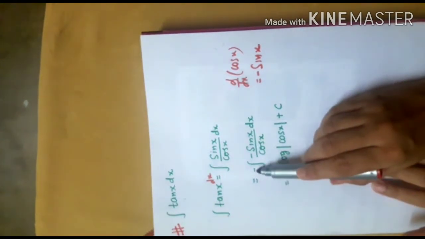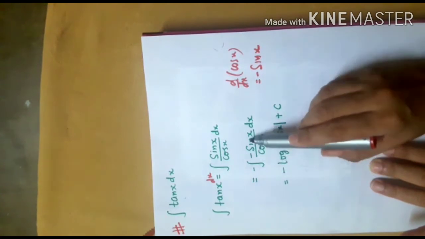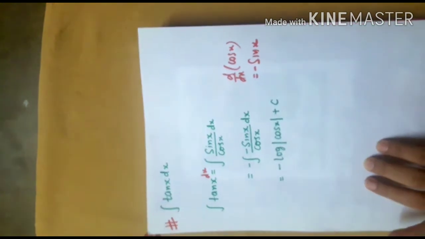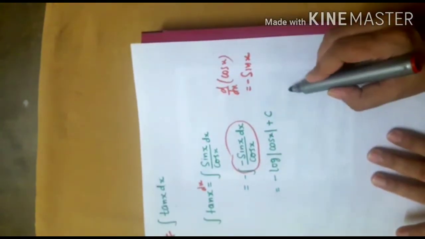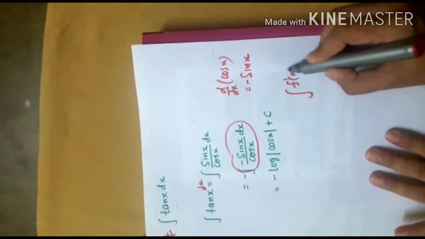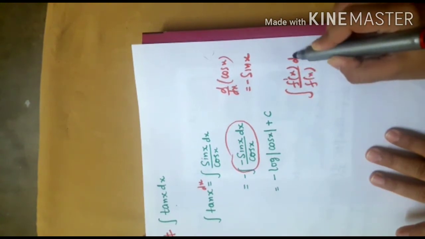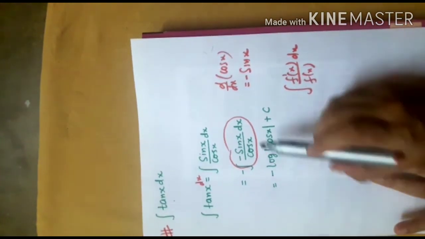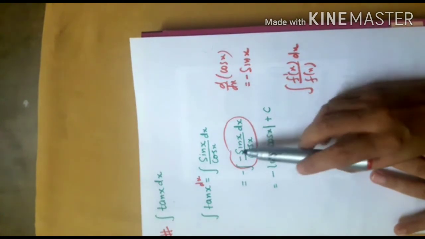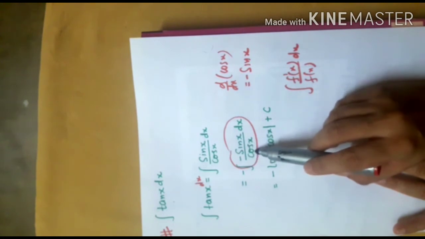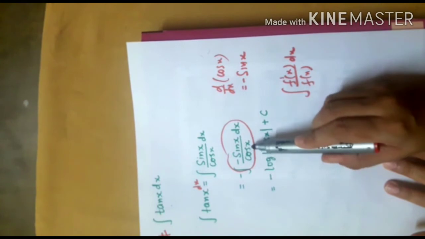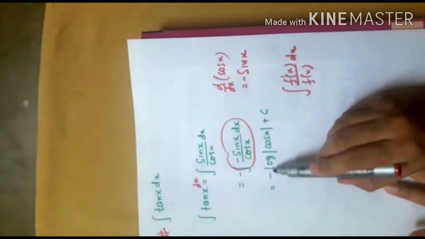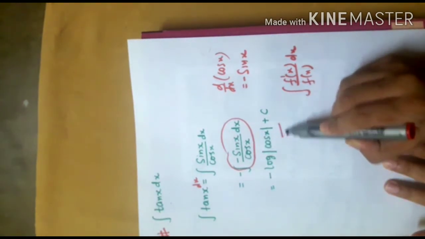So I'll get negative integral minus sin x over cos x dx. Now this integral is of the form integral f dash x over f x dx, because the derivative of cos x is minus sin x. So the numerator is the exact derivative of the denominator. So the integral will be log of the denominator. So it will be minus log cos x plus c.